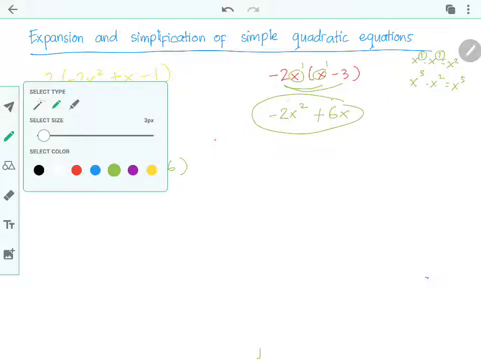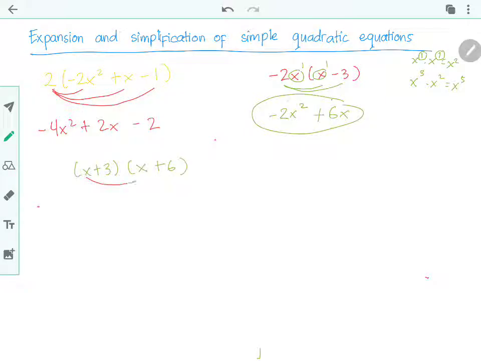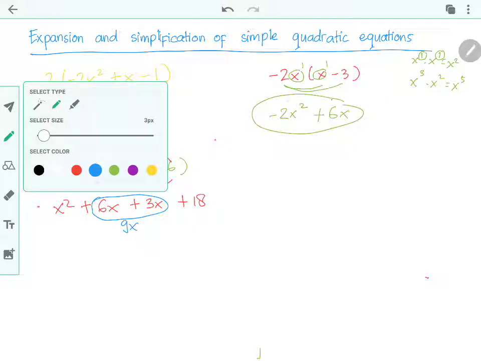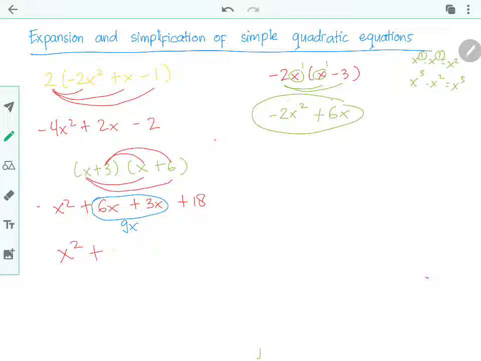So do the rainbow method again. x times x, or you can call it x squared, and then x times 6 equals 6x, and then 3 times x equals 3x, and then 3 times 6 equals 18. Now don't forget again about the like terms. We have 6x and 3x, both of them are like terms, so this equals 9x. So the final result is x squared plus 9x plus 18.